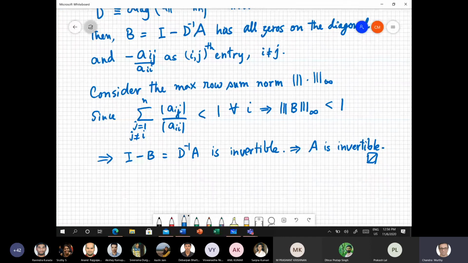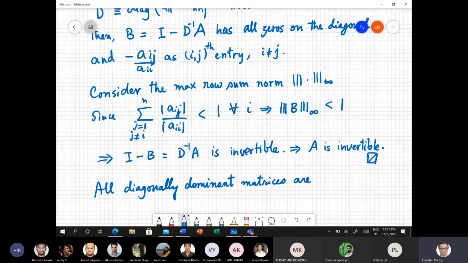Okay. So basically, all diagonally dominant matrices are invertible.